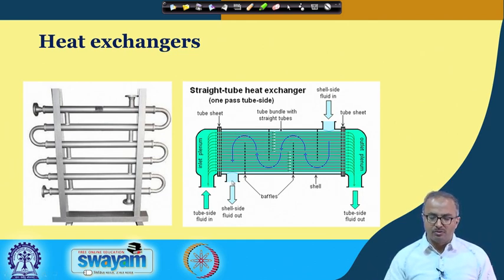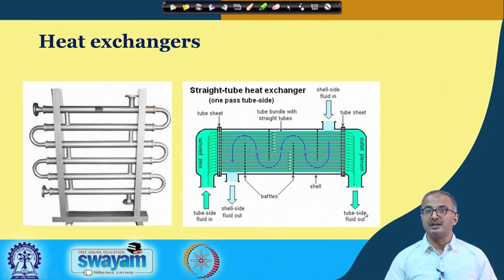Okay. So, you can imagine that steam is going like this, and the liquid is going like this. Overall it looks as if the hotter shell fluid is coming from this side and going out this side, and the tube side is going from this side and coming out this side.